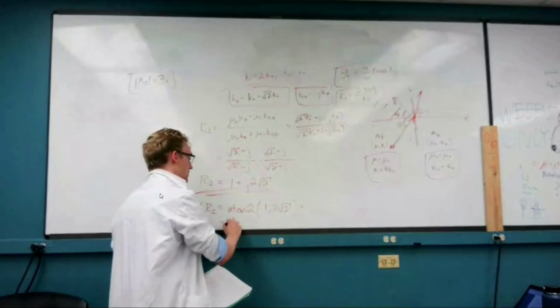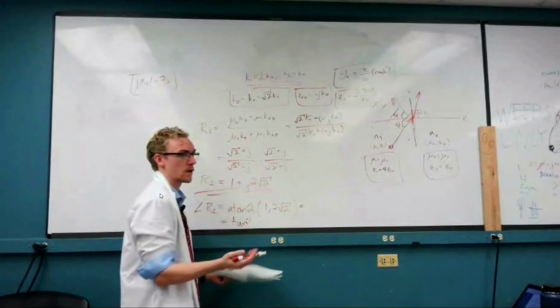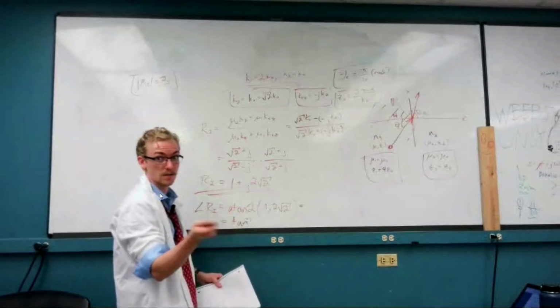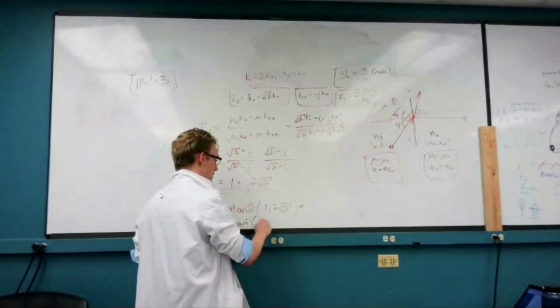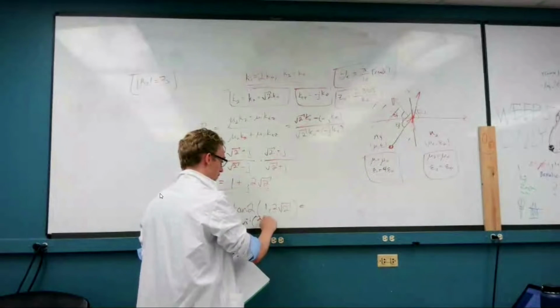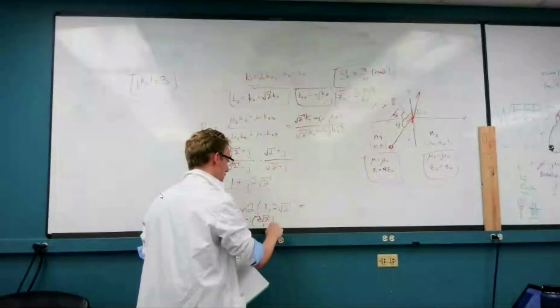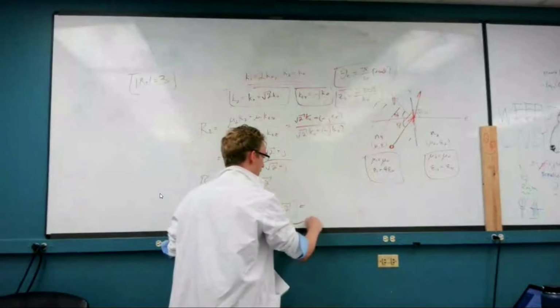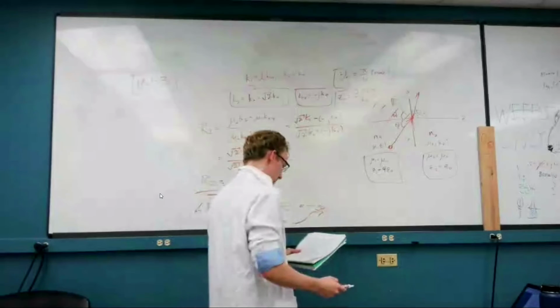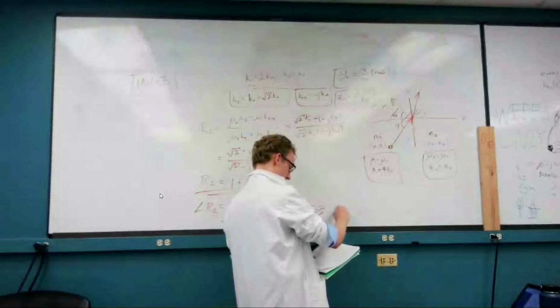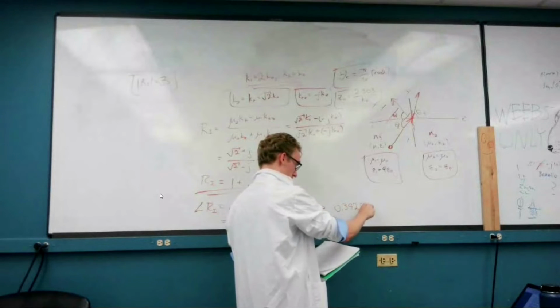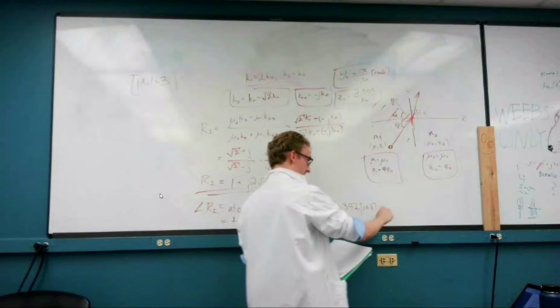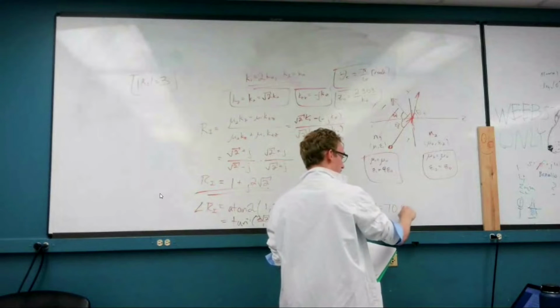So you could just use tan inverse on your calculator. That would work just fine as well. Just be aware to keep track of what quadrant you're working in. And this would be 2 square root 2 over 1, which both end up giving the same answer, which is 0.392 radians, or 70.5 degrees.